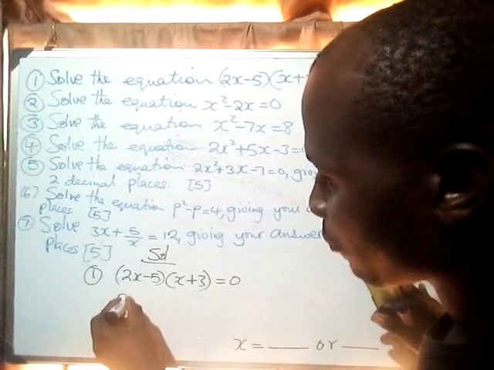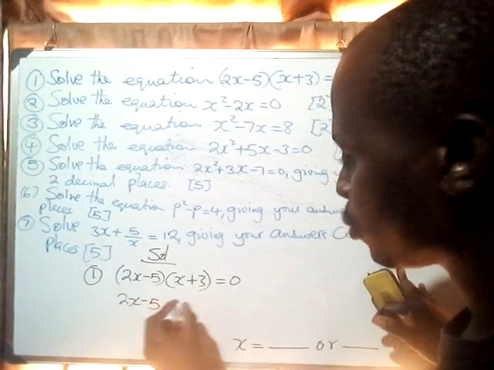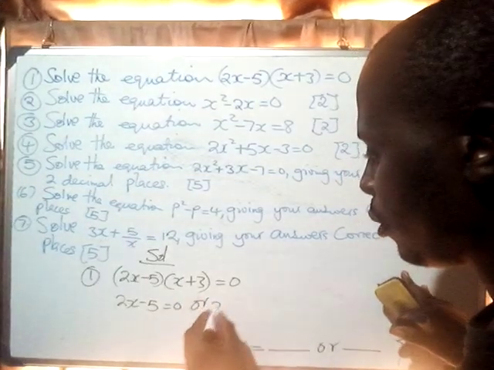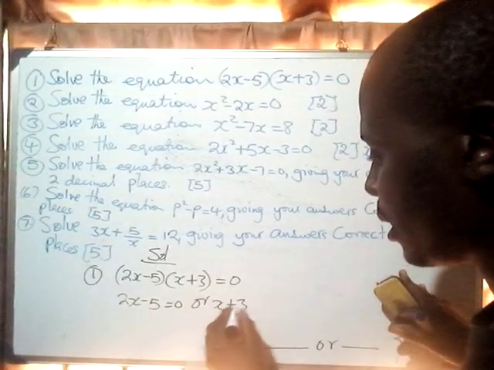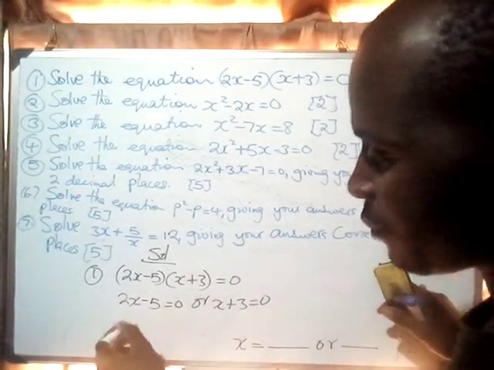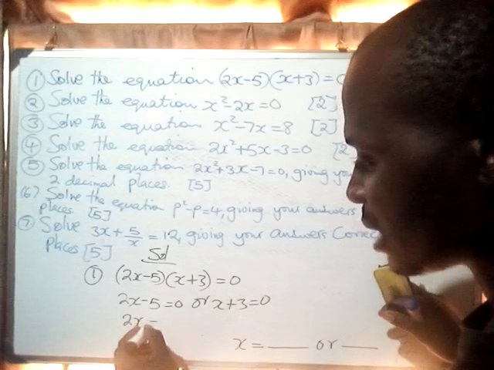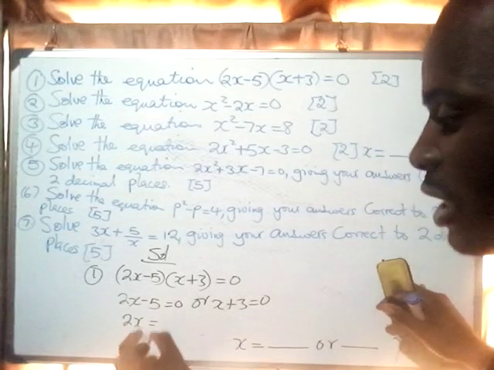So we are going to have 2x minus 5 is equal to 0, or x plus 3 is equal to 0. It is not possible to find the answer directly, but we just group like terms together.